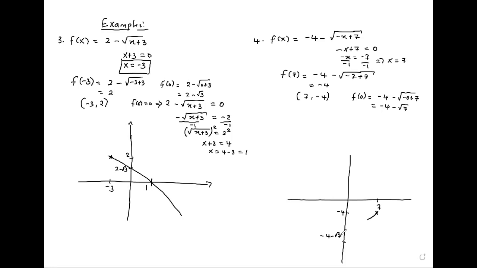So the graph starts from there, coming this side. So how do you know there are no x-intercepts? You can try to equate it to 0. We'll get negative √(x plus 7) is equal to 4. Divide by -1 on both sides, we'll get √(x plus 7) is equal to -4.